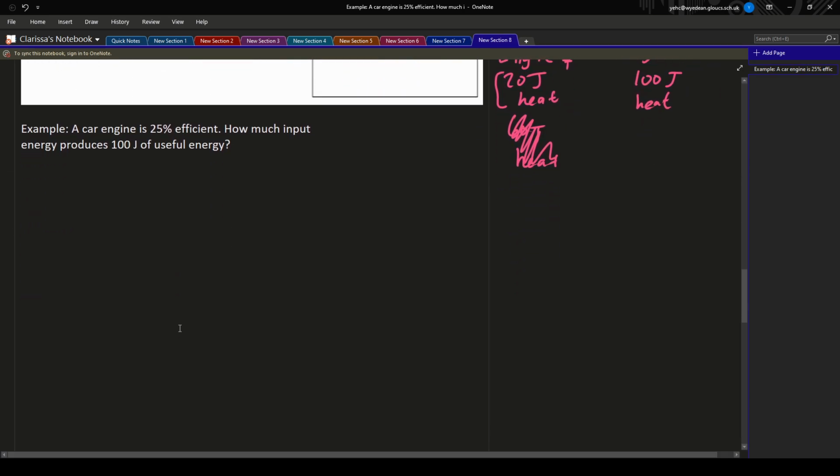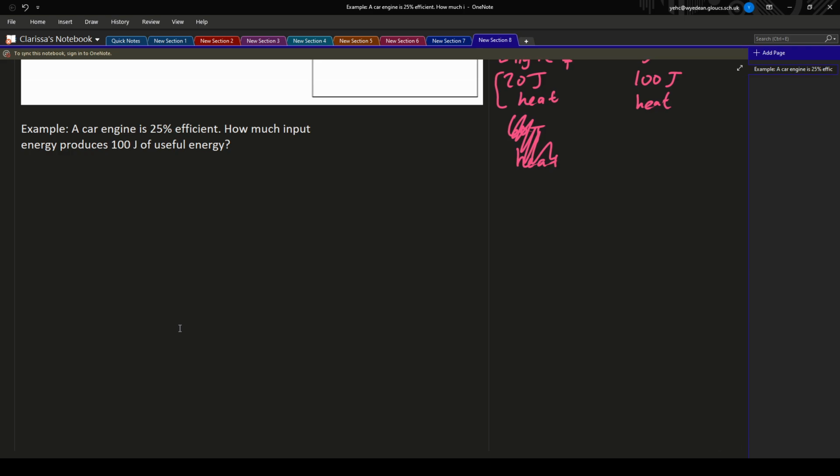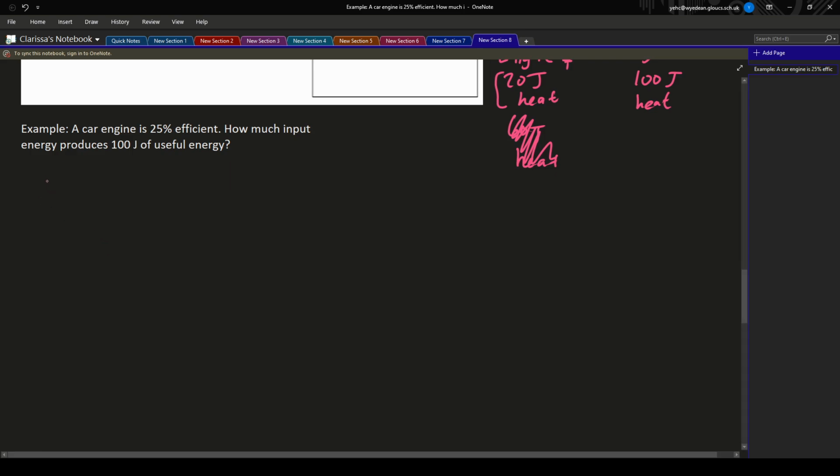Okay, so here's an example. A car engine is 25% efficient. How much input energy produces 100 joules of useful energy? So remember the FIFA method, but first things first, I've got to make a list of all of my information. A car engine is 25% efficient. So that's the first thing they told me.